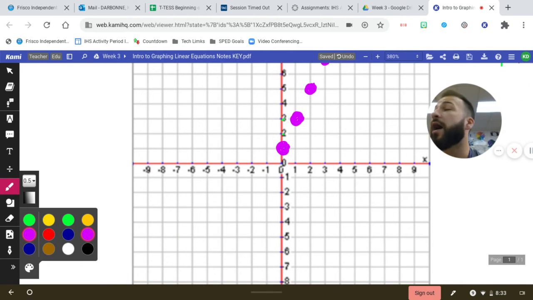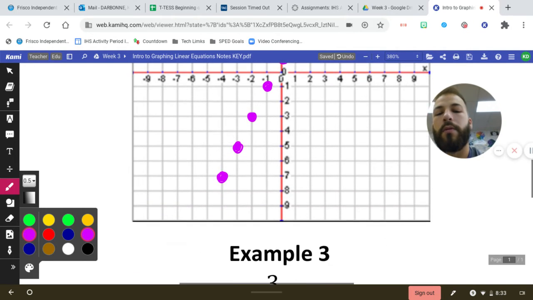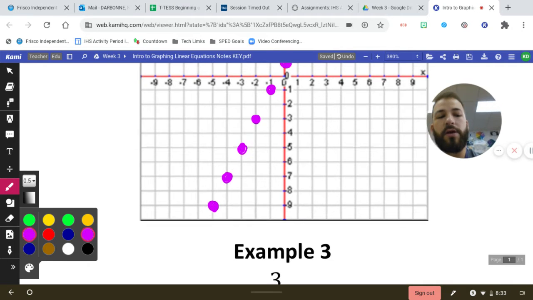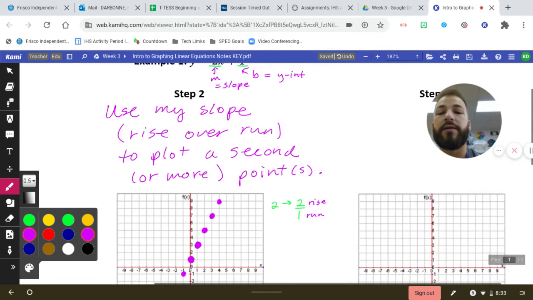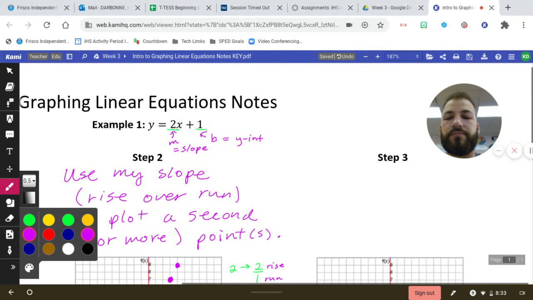And if we're going the opposite direction, to the left instead of to the right, we just do it backwards: down 2 to the left by 1, and so on and so forth. Like so.